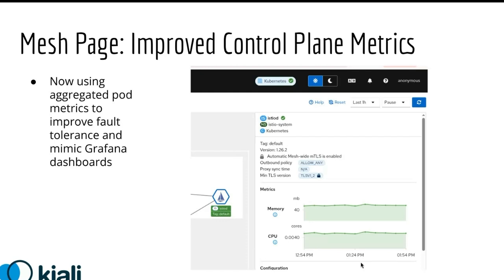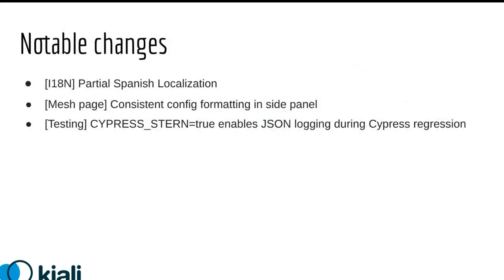It now mimics the way Grafana does it in the Grafana dashboards, basically aggregating pods, so that if you have a pod go up and down, you don't get a weird blip in your graph. It's a minor improvement, but it helps make sense of what you're looking at. And that is the two main things that we've done in this sprint.